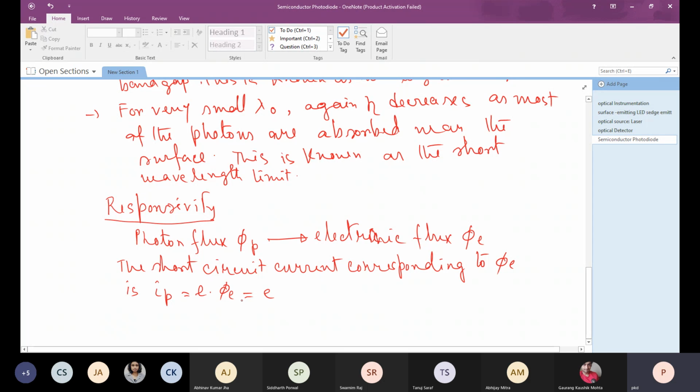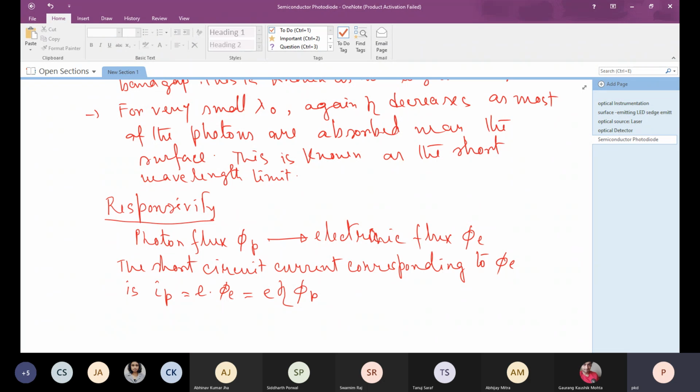Now the generation of electrons is governed by the quantum efficiency, so we have that eta here. So phi e is eta phi p.